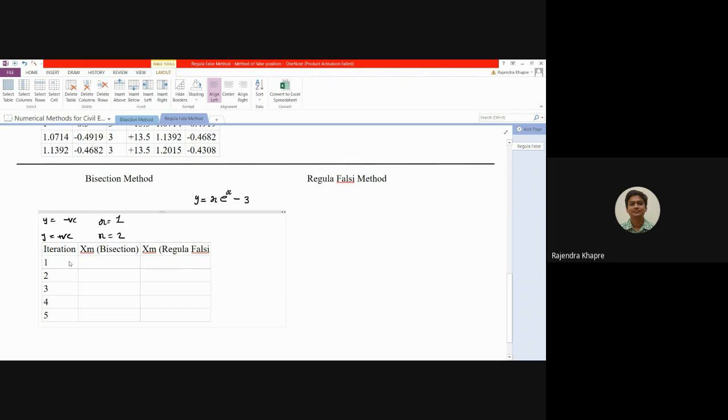Just 5 iterations, xm of bisection as well as Regula Falsi method.